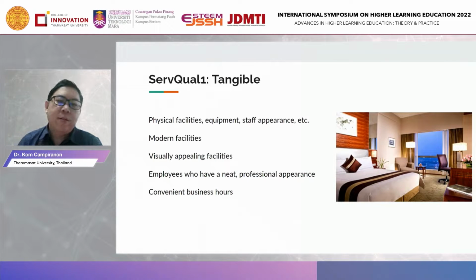Once we ask what they expect, we ask the same question, but this time instead of asking their expectation, we ask, in reality, when you actually arrived at the hotel, how did the hotel perform? Basically, once you arrive, is what you see in reality the same as what you expected? So we're trying to understand the tangible aspect of the service.